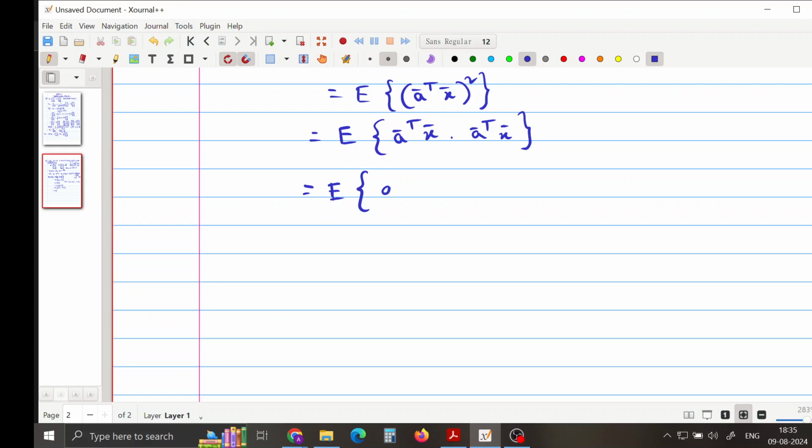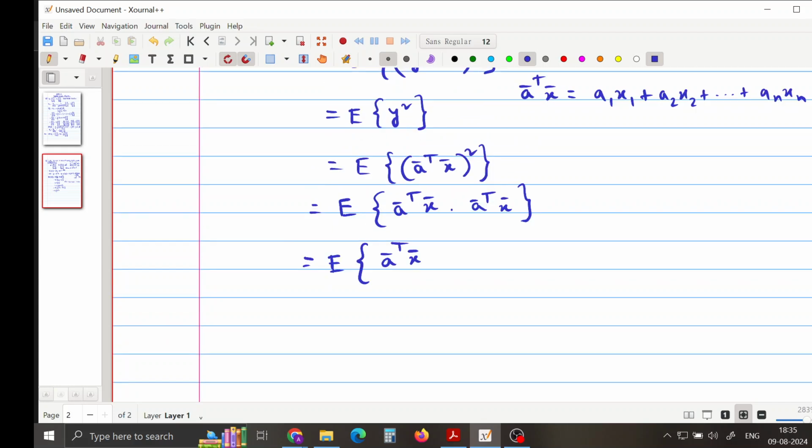Keeping the first term as it is, A transpose x, I can also write A transpose x as the same as x transpose A. You'll end up with the same thing. So I can also write it as x transpose A bar, since A transpose x and x transpose A is the same scalar that you'll get.